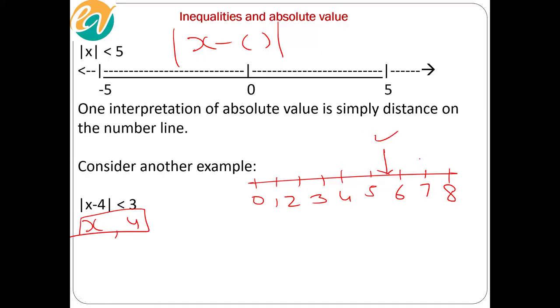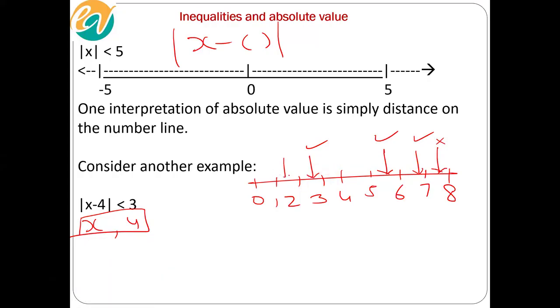Okay. Can x be this? Again, yes. Okay. Can x be this? No. Why not? Because then the distance between x and 4 is actually greater than 3. Not possible. Can x be this? Yes. Again, why? Because the distance between x and 4 is obviously lesser than 3 units.